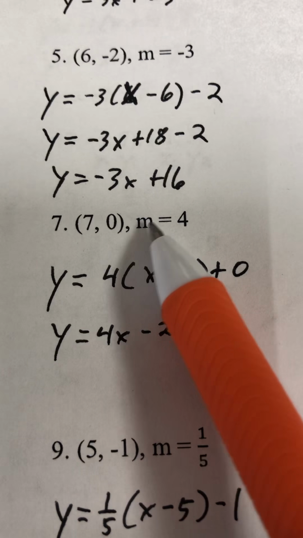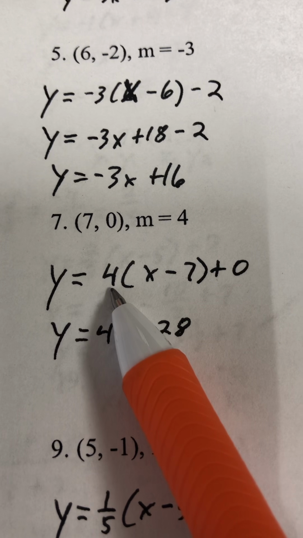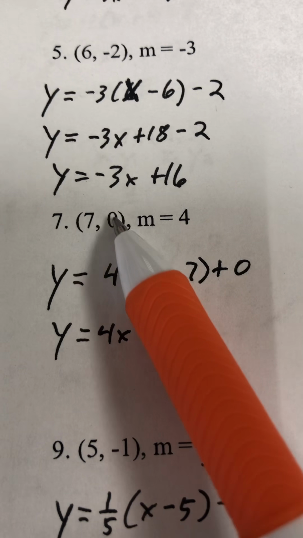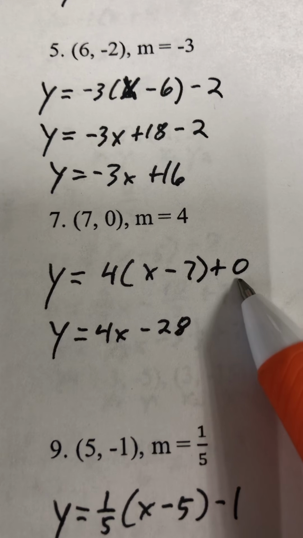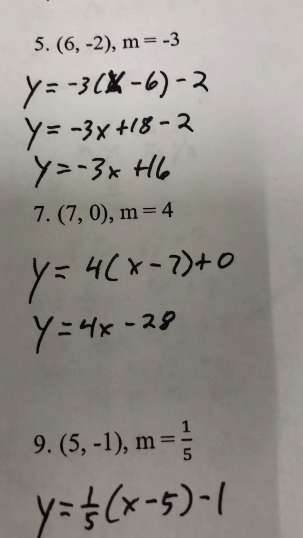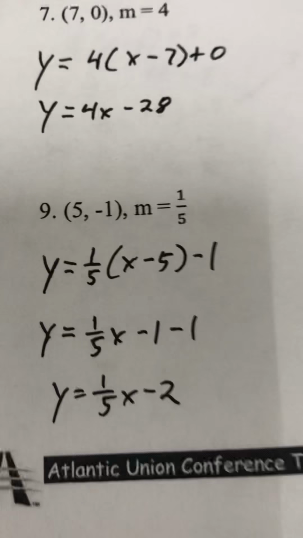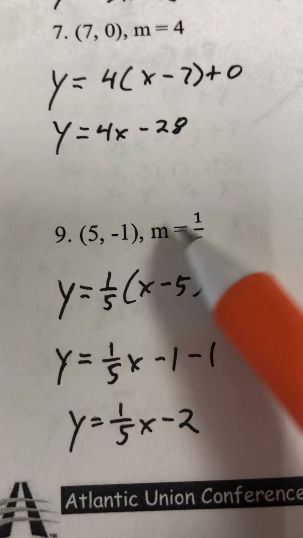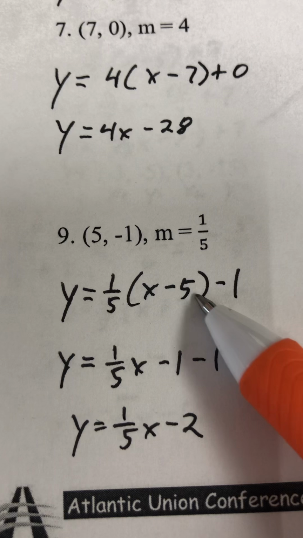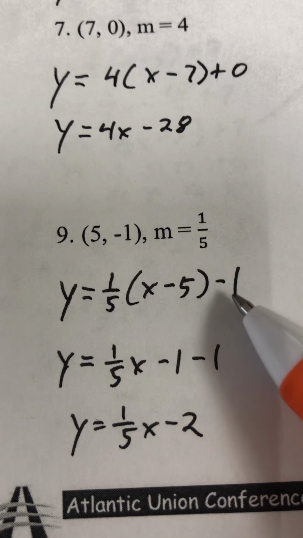Number 7. I plug in my slope, my x1 minus 7, and my y1 plus 0. I just use the distributive property and I get my final answer. Number 9, I put in my slope, I put in my x1, and I put in my y1.